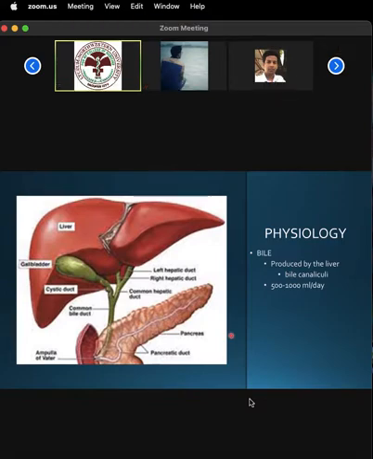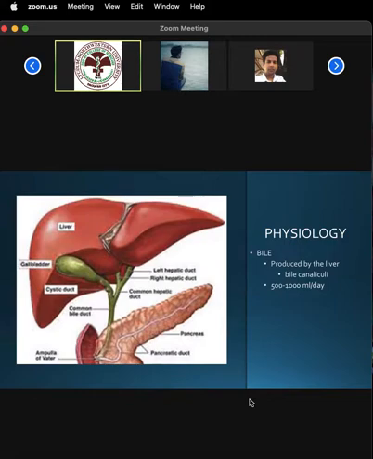So bile is produced by the liver, usually in the bile canaliculi, and we produce about 500 to 1000 ml of bile per day. Now, the stimulants of secretion would include neurogenic stimuli, humoral stimuli, and chemical stimuli.